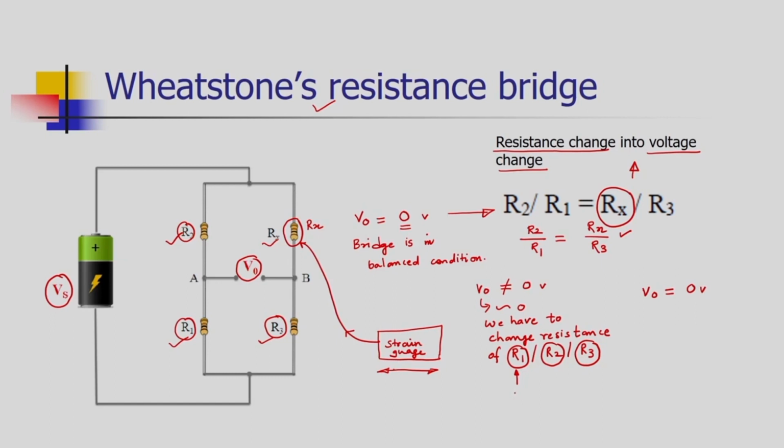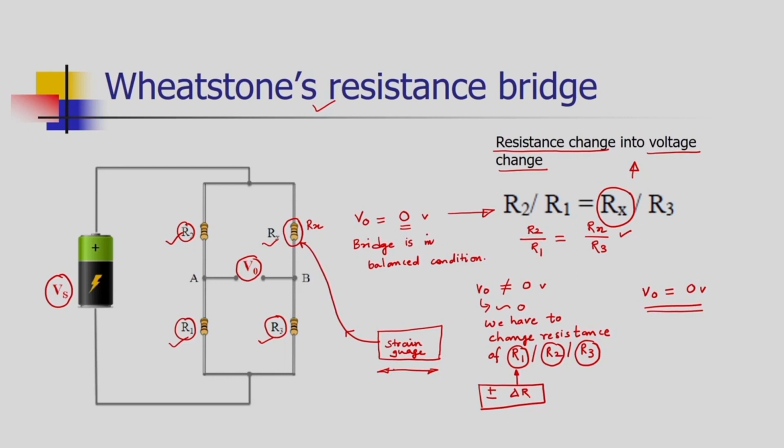That means we have to carry out the resistance change, which may be plus or minus. We have to add a resistance of plus or minus delta R into R1 so that we get this condition.